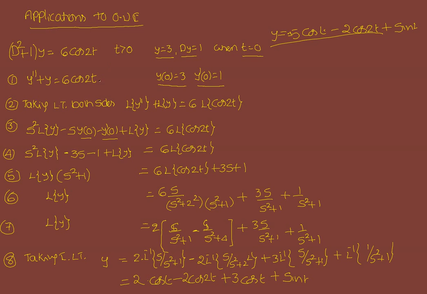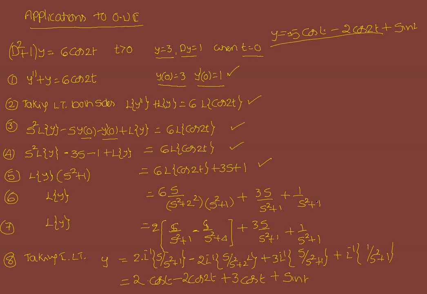So what are the different steps we have? The first one is the given problem in terms of y' and y''. Second is taking Laplace transforms on both sides. Then applying the formula for L of y''. Fourth step is substituting the values of y(0) and y'(0). Next is taking L of y as common.